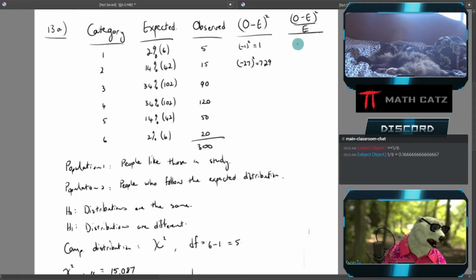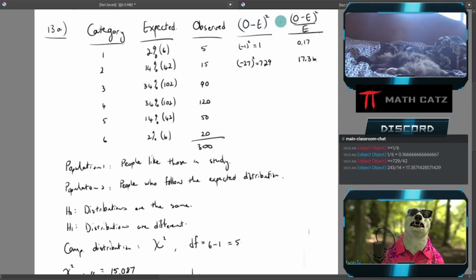So then I'll round that to 0.17, let's say. And then the next one will be 729 divided by expected, which is 42. And we get 17.36.